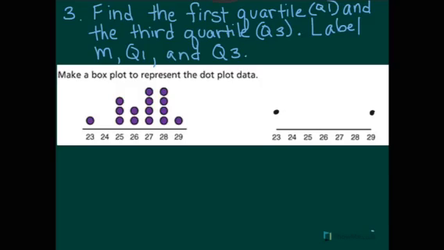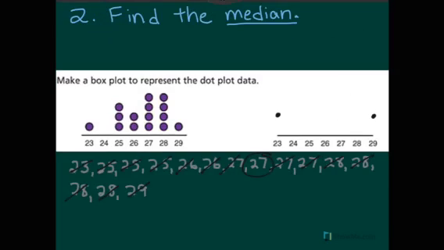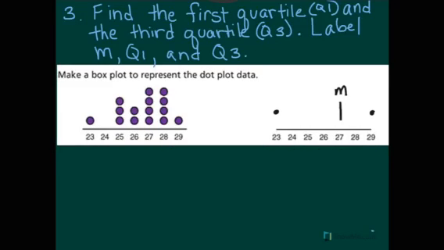My third step is to find the first and third quartile and label them. So my median was 27, so I'm going to draw a line for 27. Then I'm going to go back here and find my first quartile. Front, back, front, back, front, back. One in the middle, it's 25.